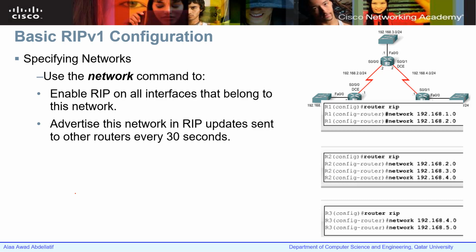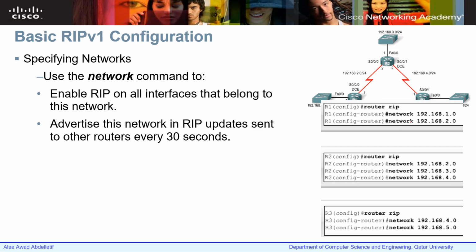So at the beginning, to build the routing table and collect information, we use the network command. The network command enables RIP on all interfaces that belong to this network. For example, router 1 belongs to two networks, 192.168.1.0 and 192.168.2.0. So at the beginning, router 1 will run the network command for those interfaces.